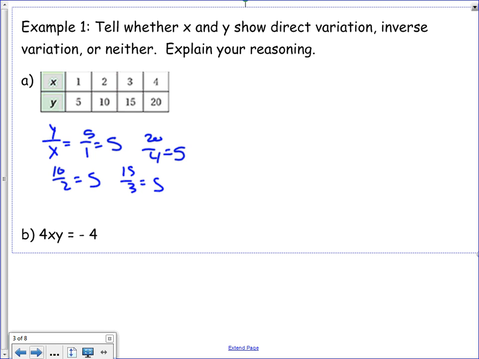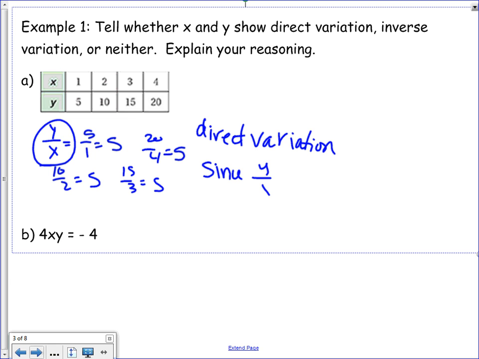Every time we take y divided by x, we get the constant 5. That means this is a direct variation, since y divided by x is always the constant 5.